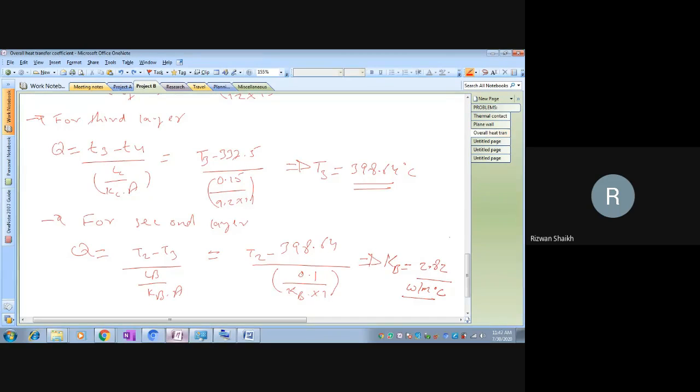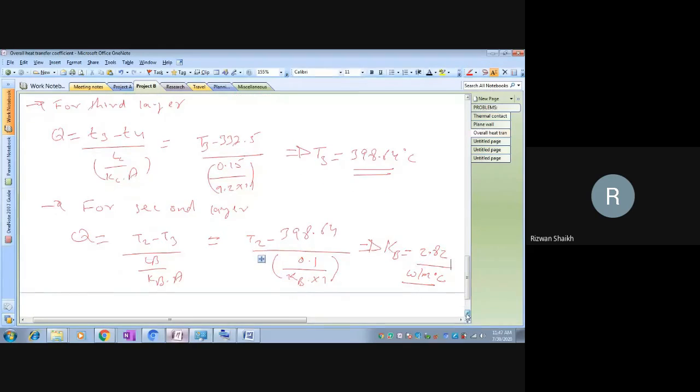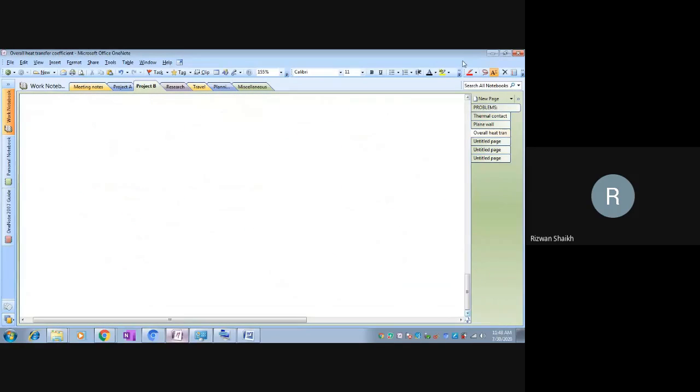And similarly, we can apply the formula of overall heat transfer coefficient. What is the formula for overall heat transfer coefficient?